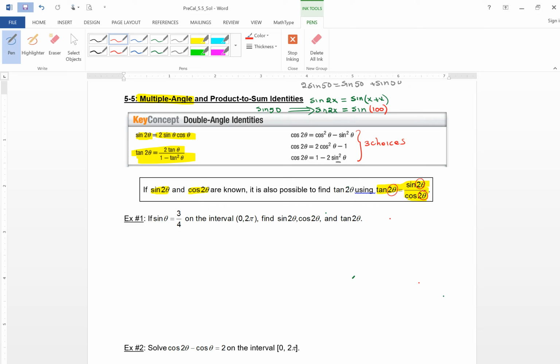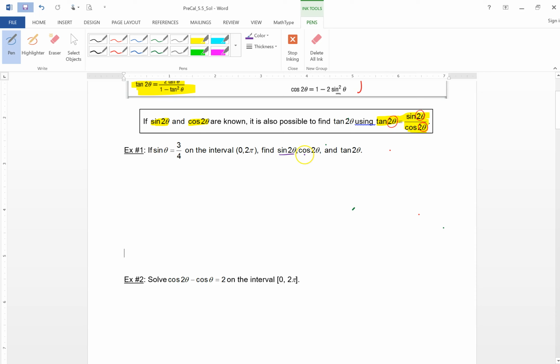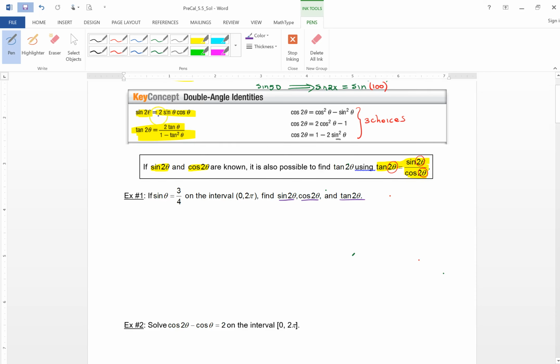You don't have to memorize anything in section 5. Whatever is on that sheet that I gave you right now, you don't have to memorize any of it in section 5. So let's do the first one. We have sine of theta is 3 over 4. I have to find sine of 2 theta, cosine of 2 theta, tangent of 2 theta. In each of the formulas, I need a sine and a cosine, and I need a tangent.